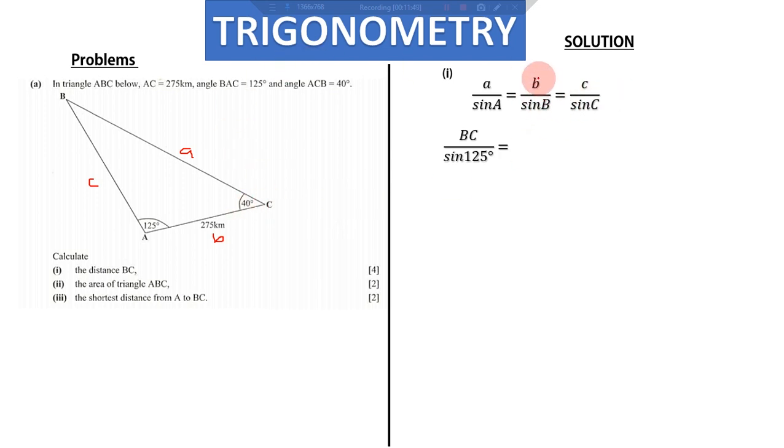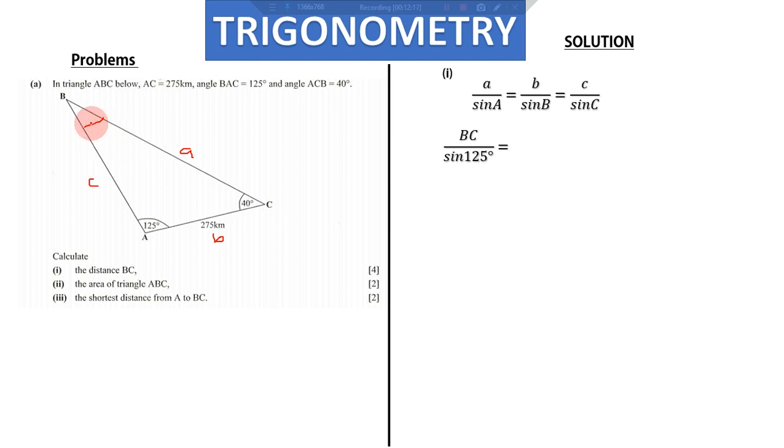So now, if we look at this small b and the capital letter B, this ratio can be completed. We have a side, but we don't have an angle. It's not difficult for us to find this angle because we are given two. In a triangle, there are only three angles, so when we add the three, they should give us 180. So we add the two: 125 plus 40 is 165.